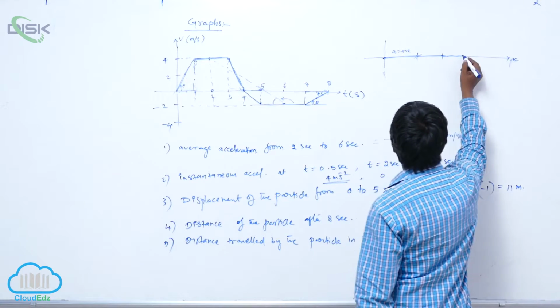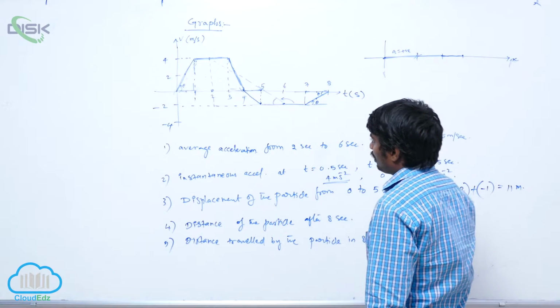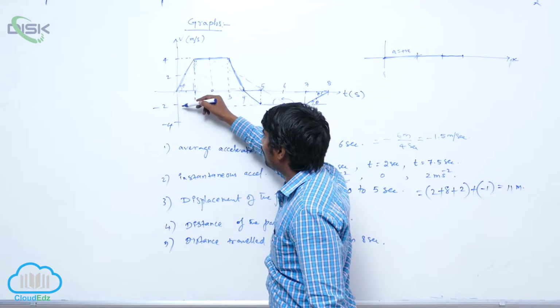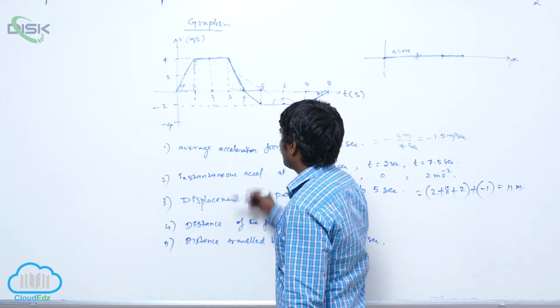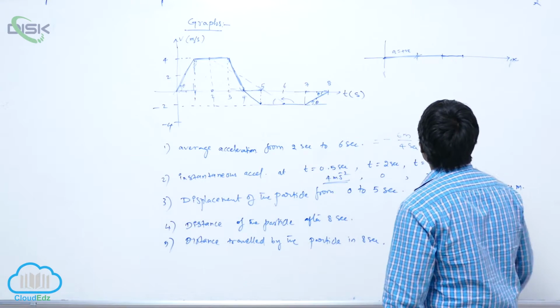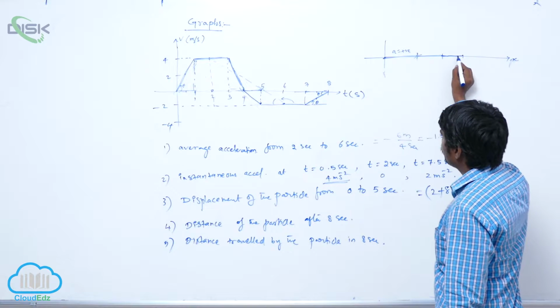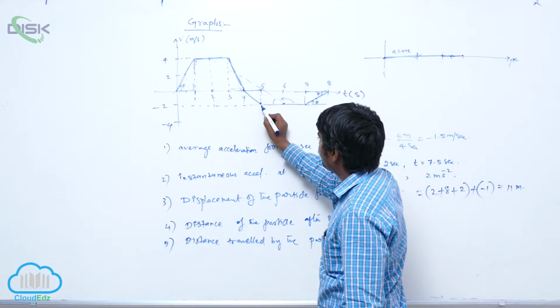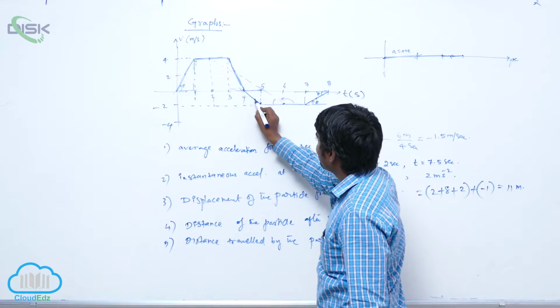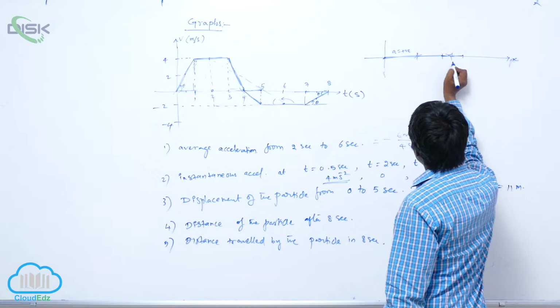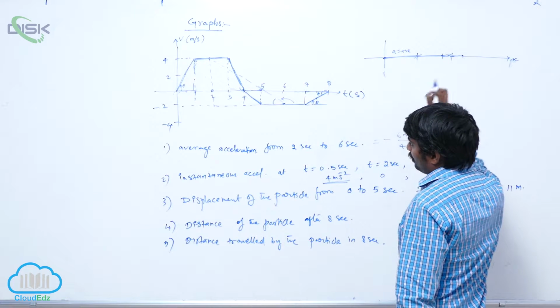Finally, velocity becomes 0. Now velocity will be negative, because we are taking it on the negative axis. Velocity is negative, which means its direction of motion has changed. After 5 seconds, it again accelerates, now in the negative direction, and speeds up.